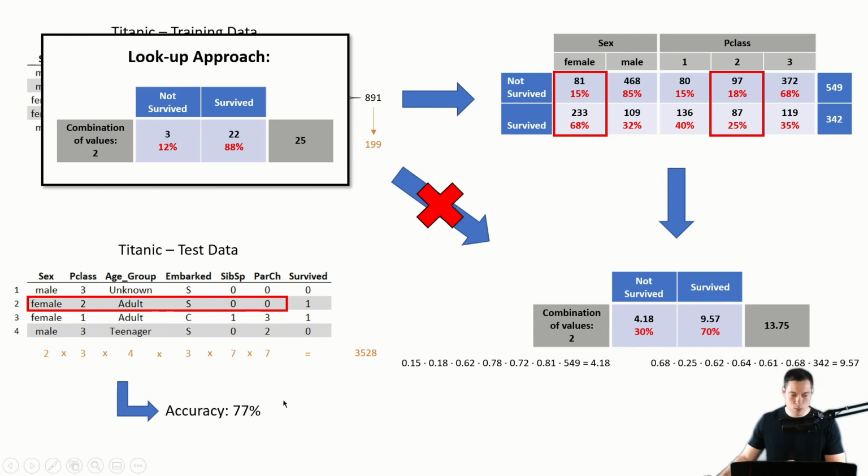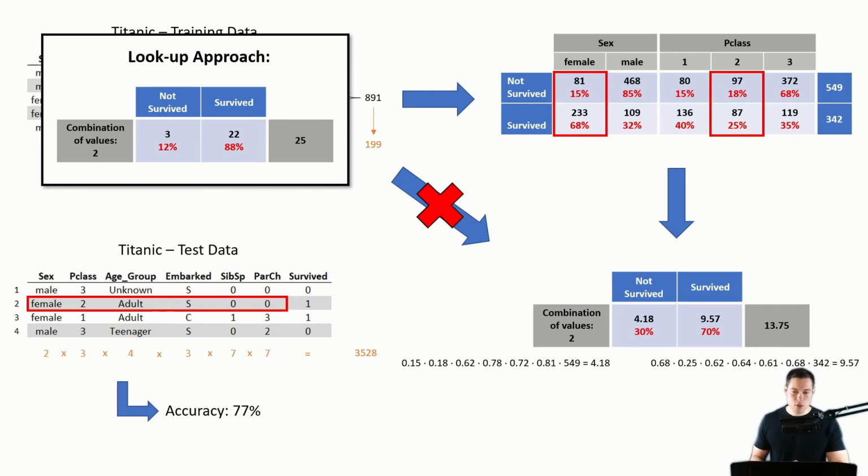So we would predict 77% of all the passengers in our test data correctly. And with that, we now have a basic or an intuitive understanding of how naive Bayes works.